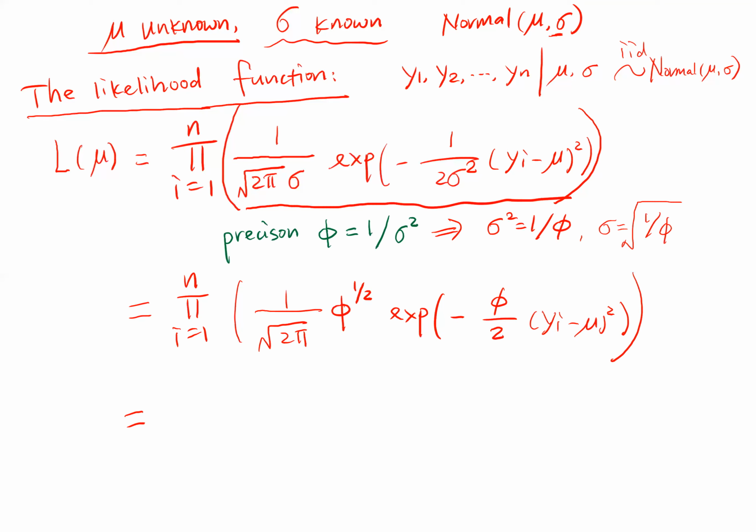This term does not change with the index, so the whole thing will just be raised to the power of n, because you're multiplying n copies of them.